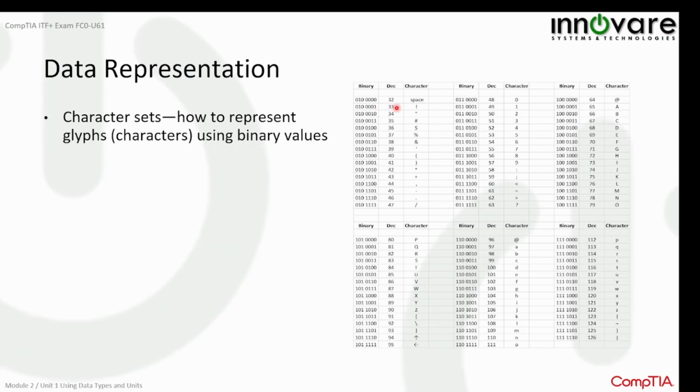A decimal value of 33, with binary digits 0100001, is represented by an apostrophe. There are so many binary values with corresponding decimal values and character equivalents. That is called data representation, character sets.